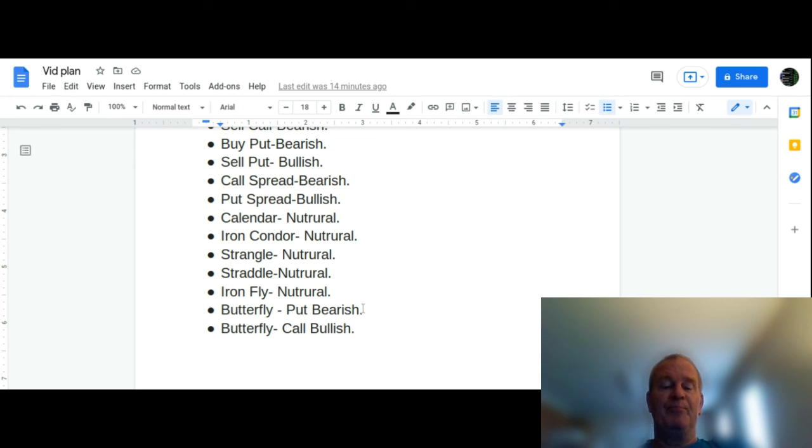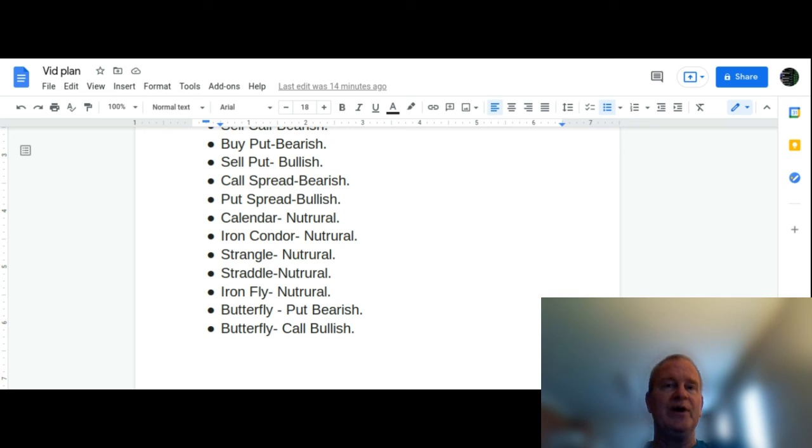A butterfly, this is an option strategy that involves three different options. What you do is, let's take the $50 stock again. You might sell the $50 put two times and buy two different calls, one, like say 48 and one 52, and you're kind of hoping it stays bearish.